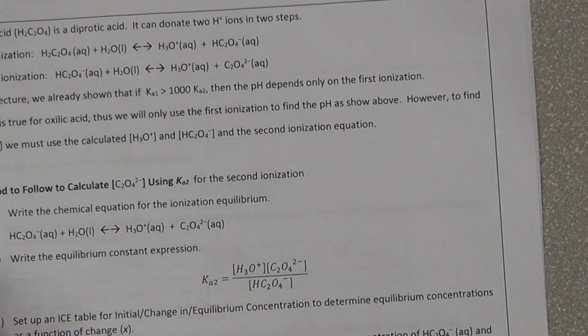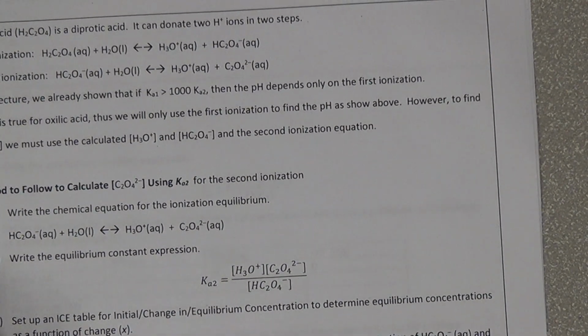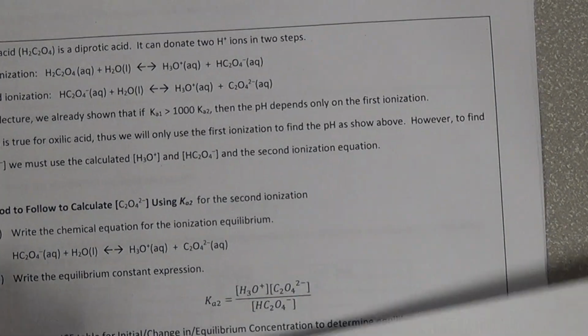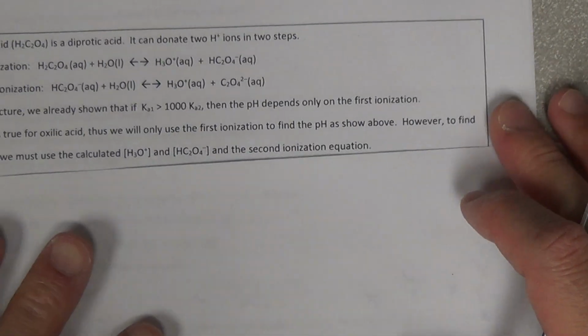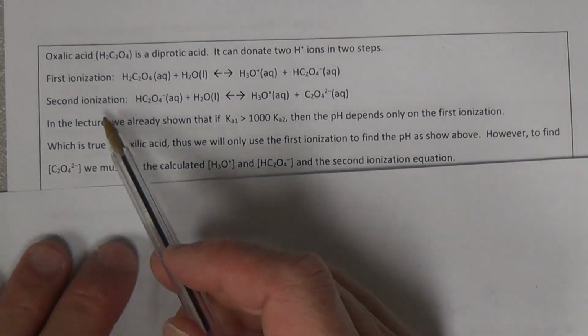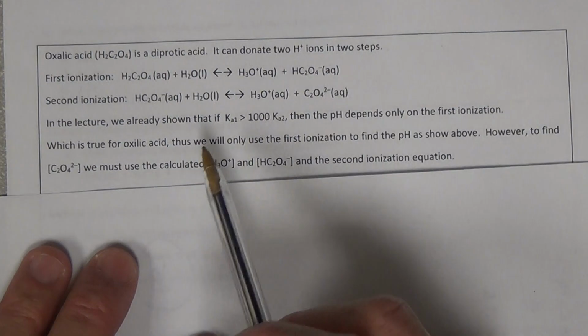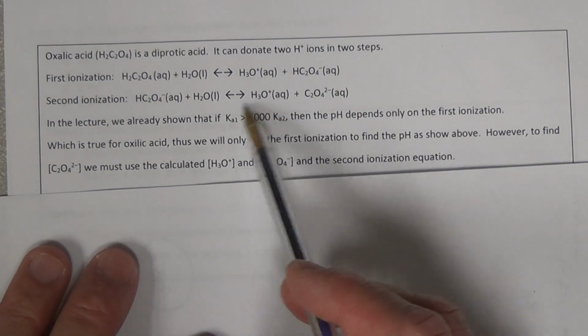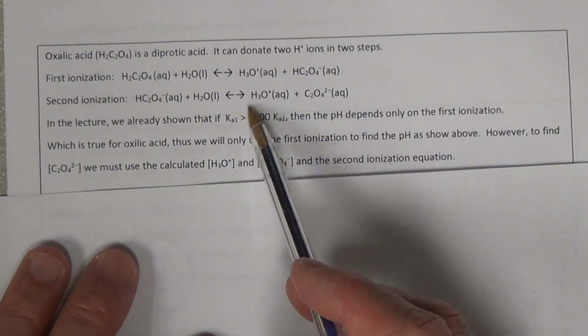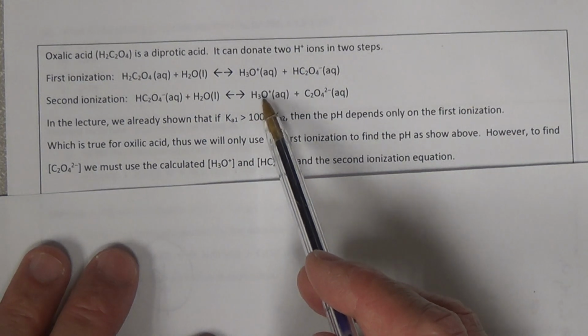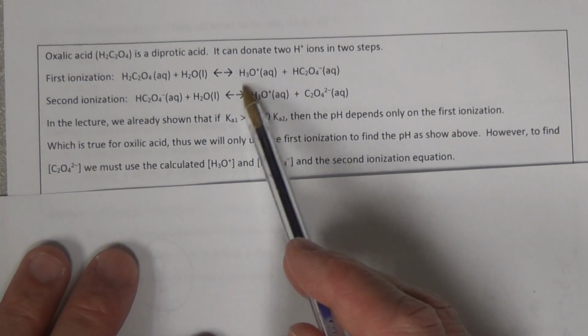So that will depend on the second ionization. And we can see the second ionization is given in this second equation. Even though we did not use this second ionization to find out more H3O+, we just used the first one to find out H3O+.